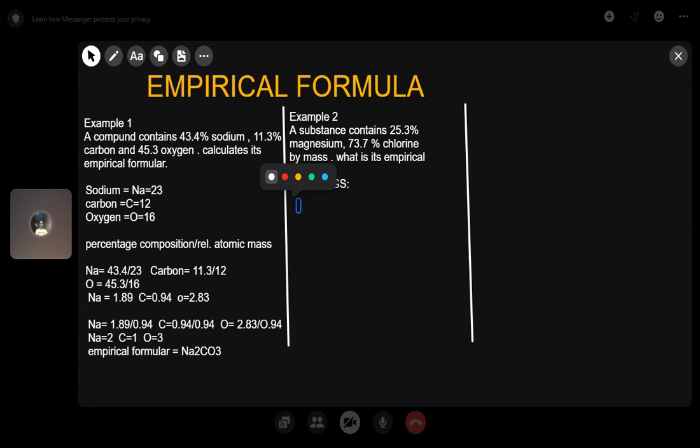As we all know, the formula is the percentage composition all over the relative atomic mass.